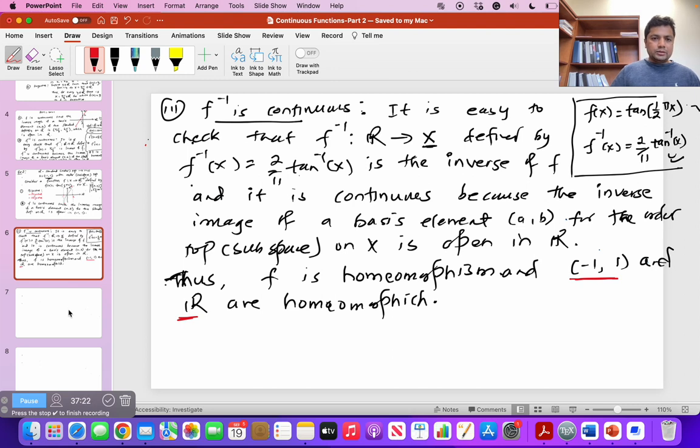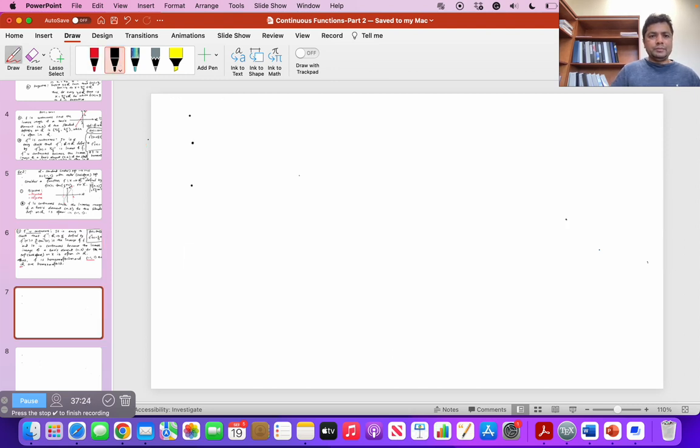Okay, so now let me give you one more example. Example number 3. Let's discuss continuous maps from the lower limit topology to the standard topology that we discussed in our previous video. If you remember, in our previous video we discussed two maps.